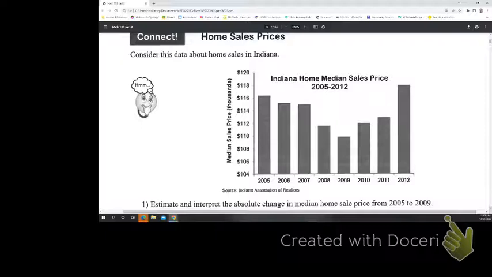I called the bar for 2005 116,500, because it's not halfway, right? That would be 117,000. So I called it 116,500. But for the ones that are further away, the ruler might help. I would not try to get any closer than the 500.